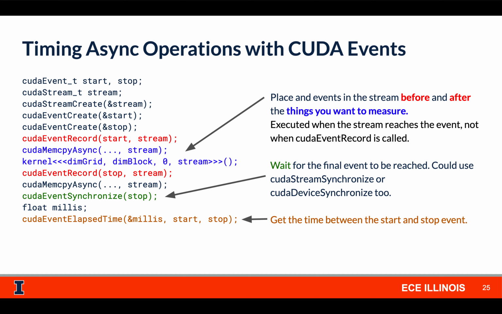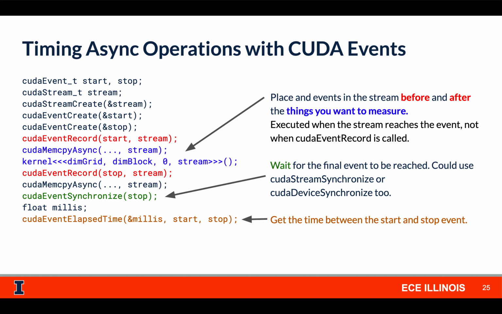To ensure that the second event, the stop event, has happened, we have to call CUDA event synchronize. That is just like CUDA device synchronize, except instead of waiting for the device to finish executing work, it waits for the event to be finished. And then we can use this CUDA event elapsed time call to get the number of milliseconds as a float that elapsed between the start and stop of this event.